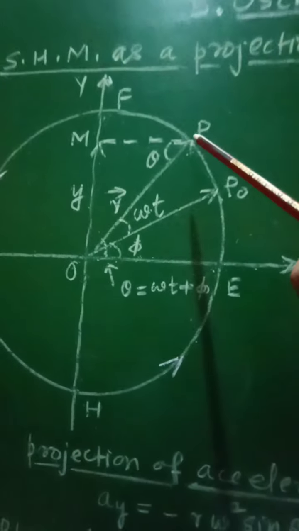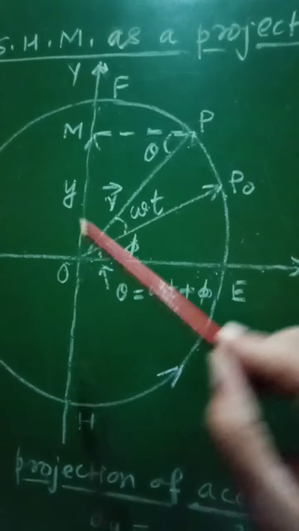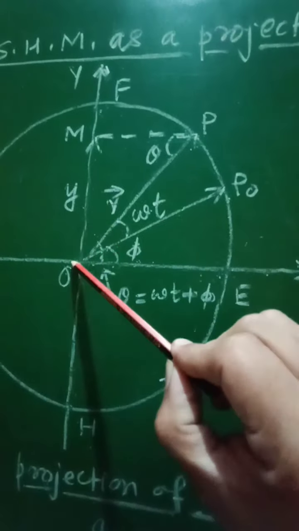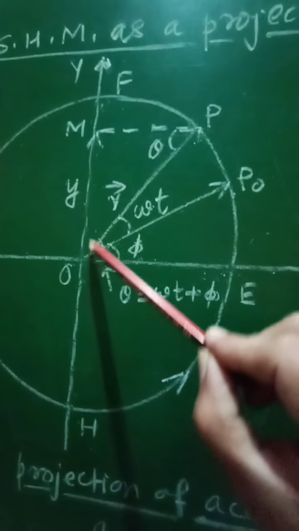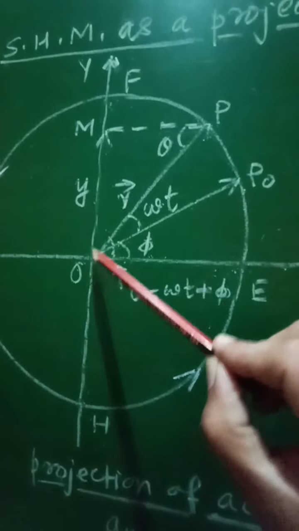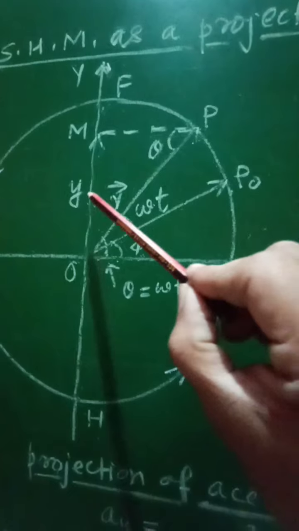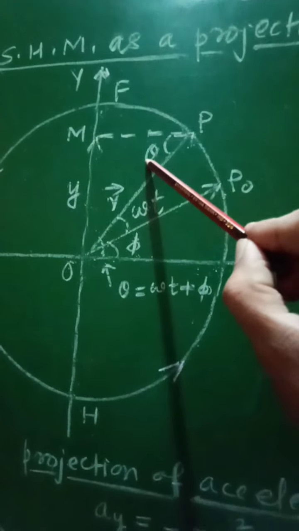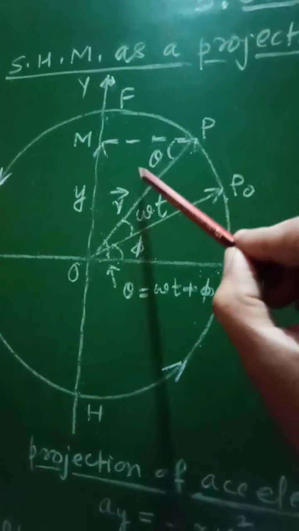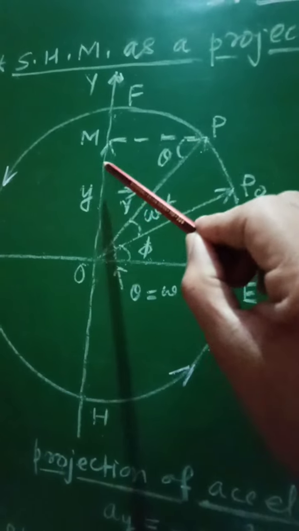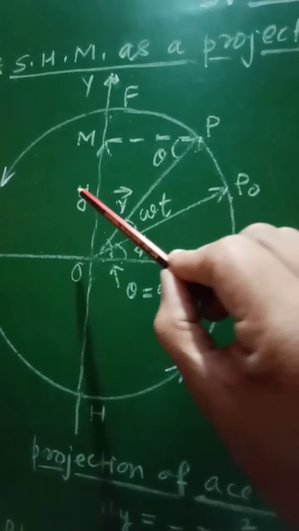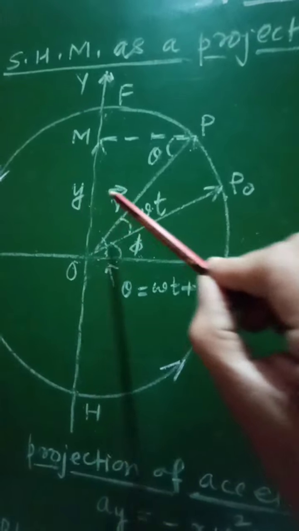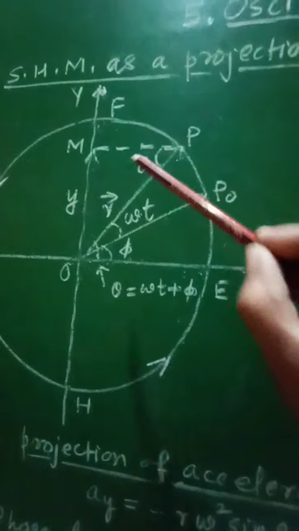Now from this triangle PMO, for this angle theta, this projection, that is the displacement of the projection along the vertical axis, that is y, will be the opposite side, and therefore we will have to define sin theta. So from this triangle, sin theta will be equal to opposite upon hypotenuse, that is y upon r, and therefore y will be equal to r into sin theta.